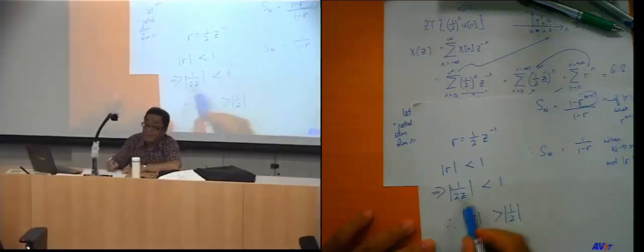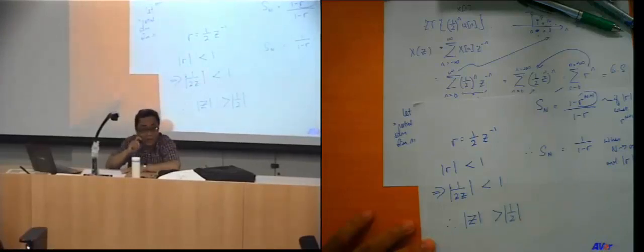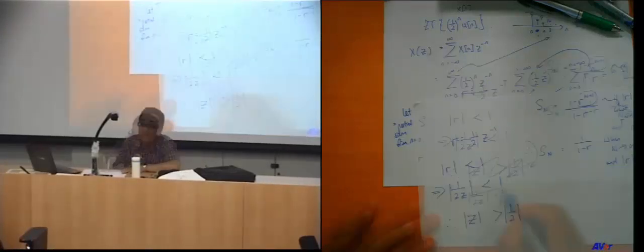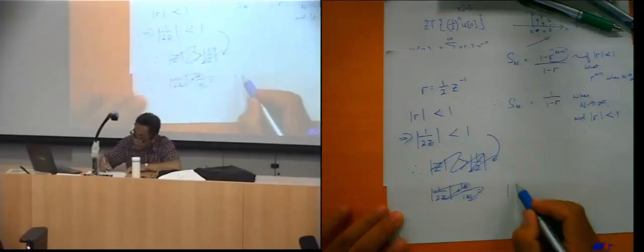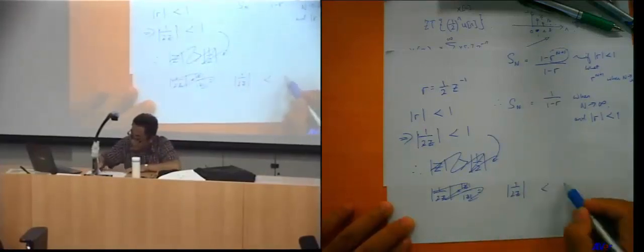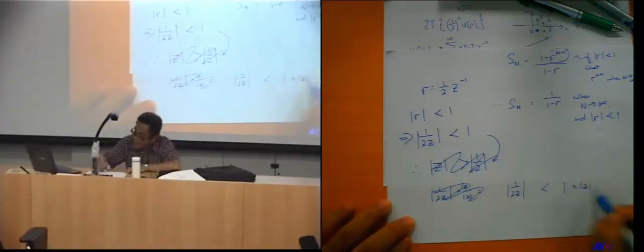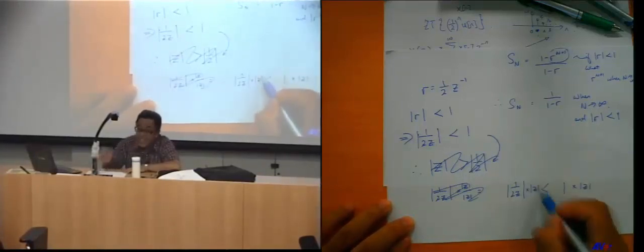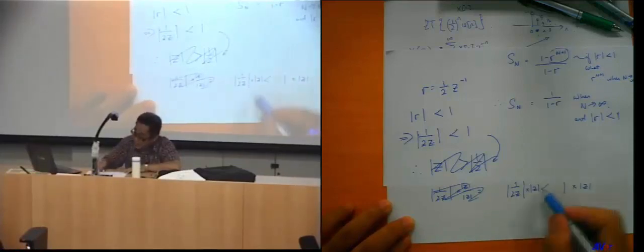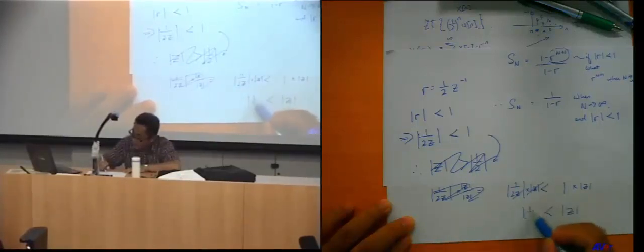Just move one side to the other side. If I multiply my right-hand side by this, I must multiply my left-hand side by this, right? When I multiply, this one will cancel, and therefore the absolute value of Z is greater than half.